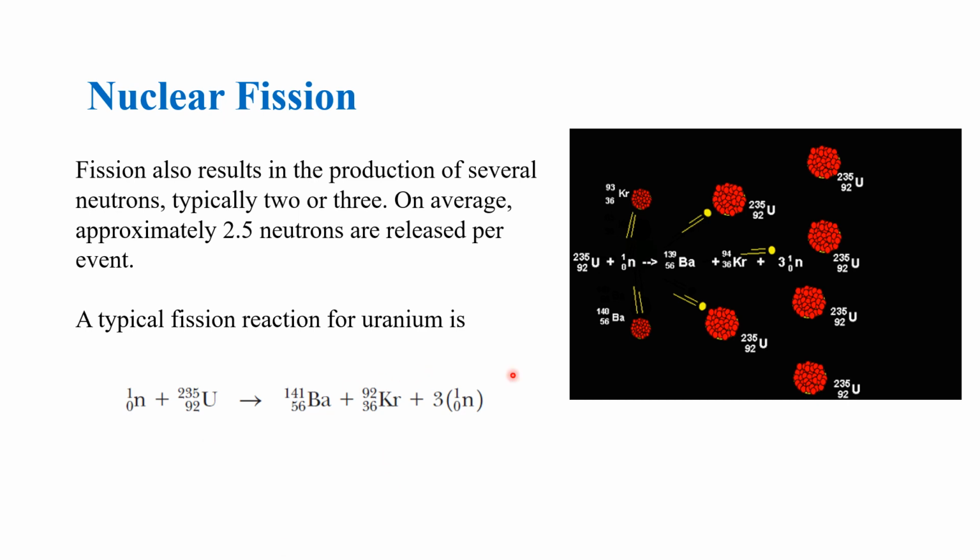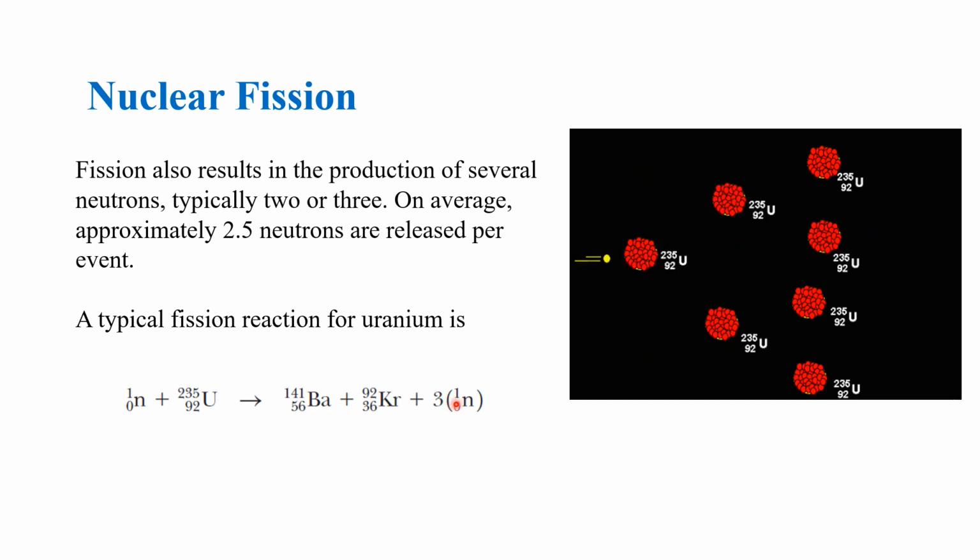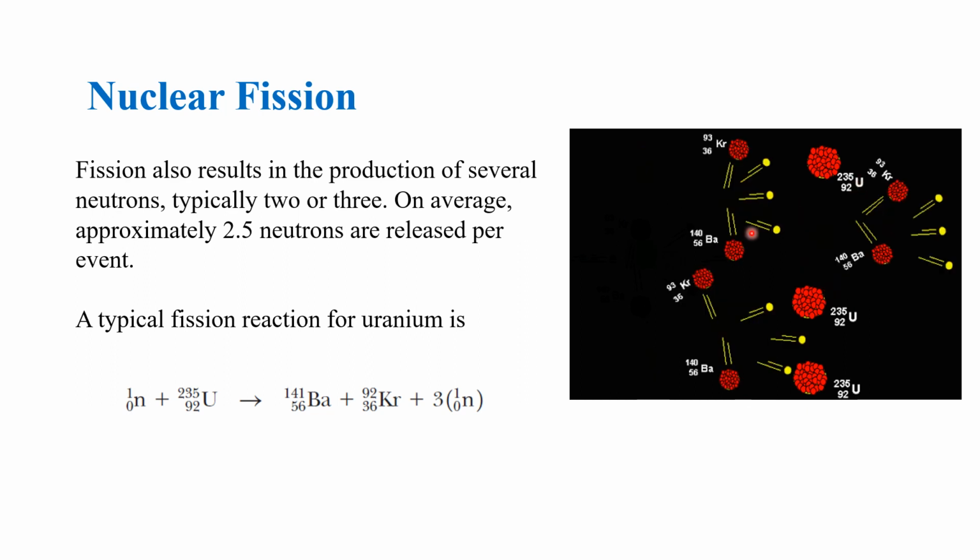And as you can see here in the figure, this just started with one neutron hitting your uranium-235, but the other neutrons that were created in the process actually hit other uranium nuclei around your chamber, for example, which then triggers a chain reaction.